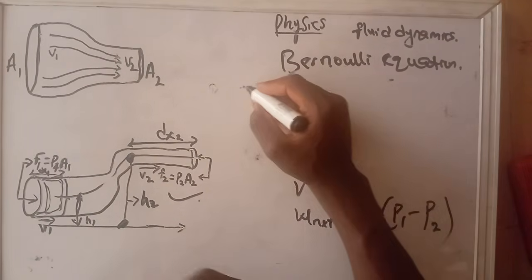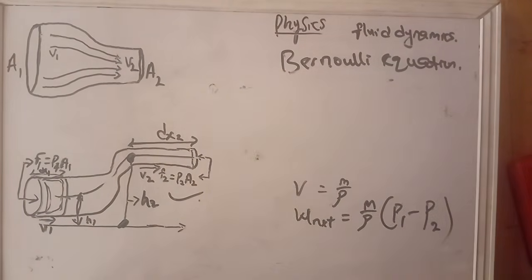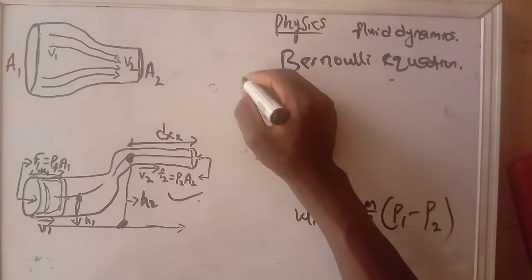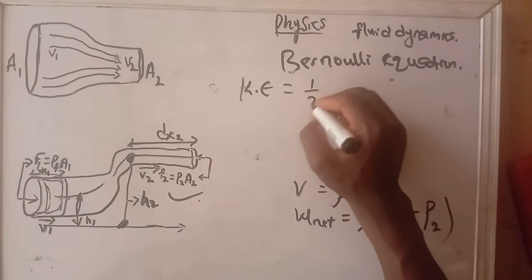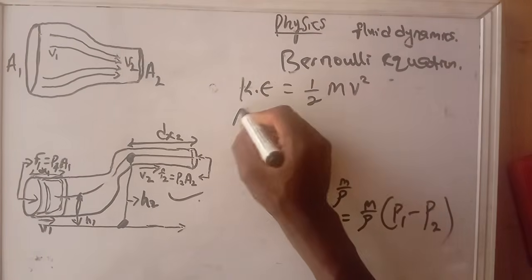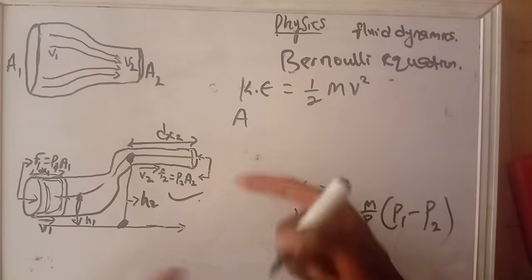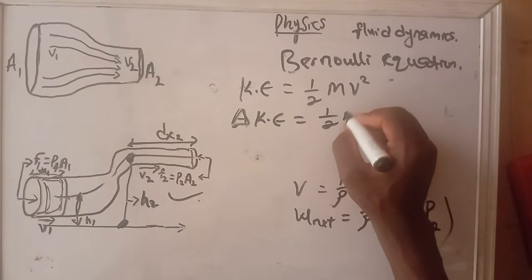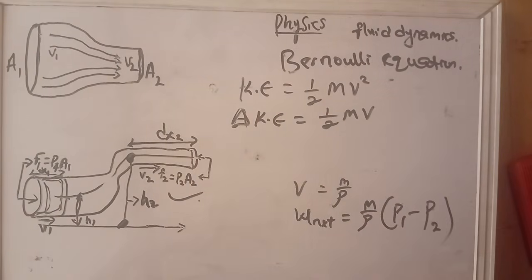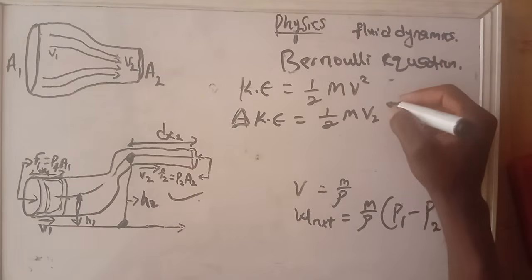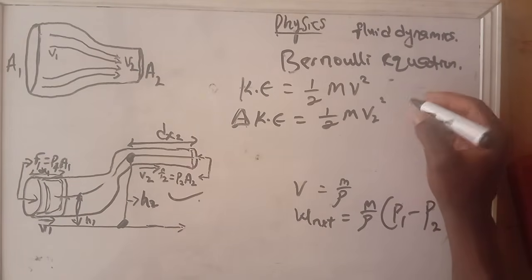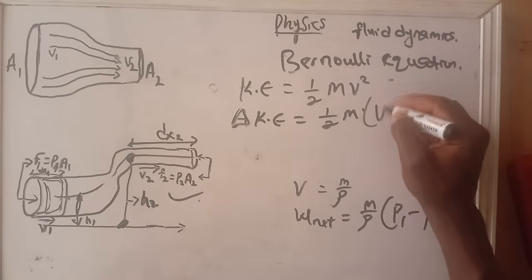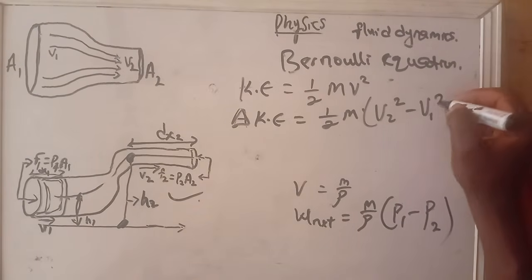Now the next step, we also have kinetic energy. You know it's a flow, so there is velocity. Because there is velocity, there's going to be kinetic energy, which is 1 over 2 mv squared. But we are talking of entering and leaving, so we are going to have change in kinetic energy, which is 1 over 2 m into v2 squared minus v1 squared.